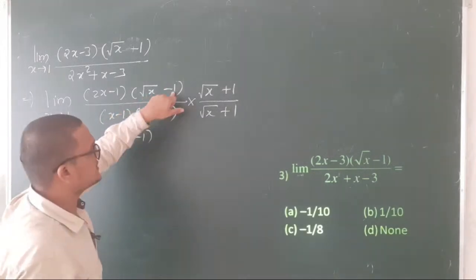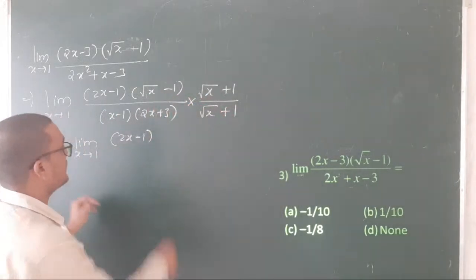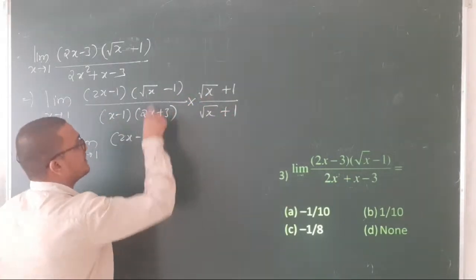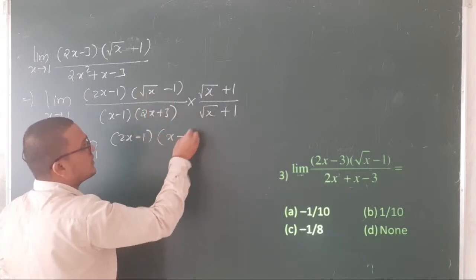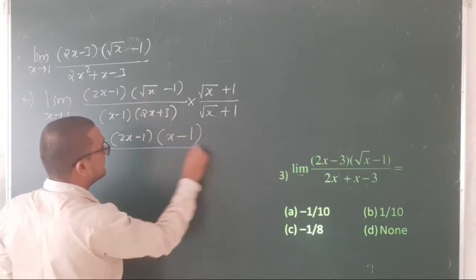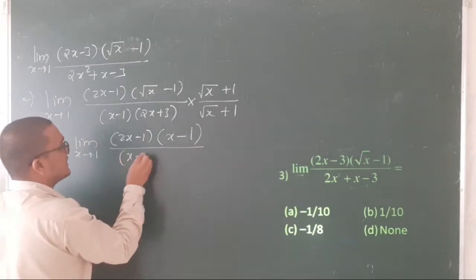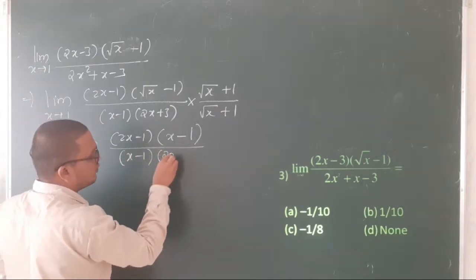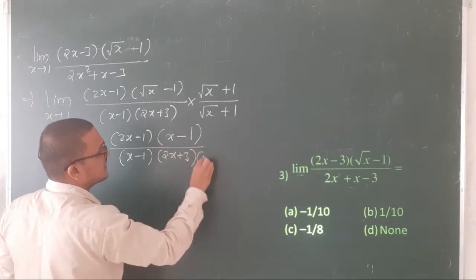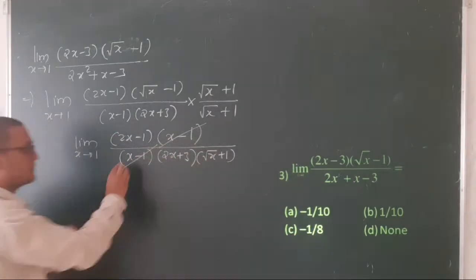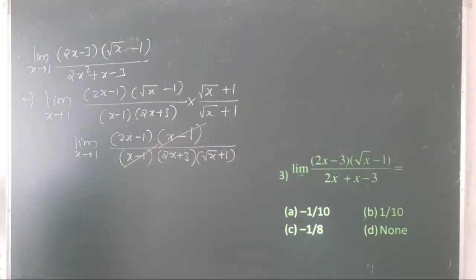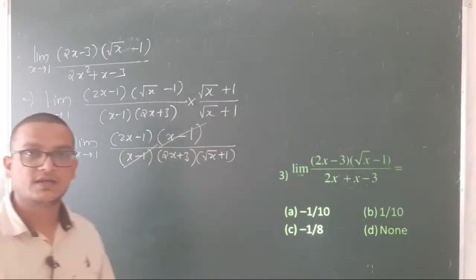This is a minus b times a plus b, which will be a square minus b square. Root x square is x, minus 1 square is 1, divided by x minus 1 as it is, 2x plus 3 as it is, and root x plus 1 as it is. x minus 1 gets cancelled.